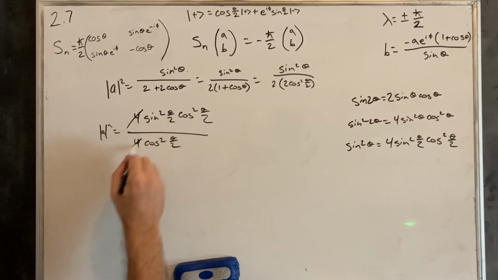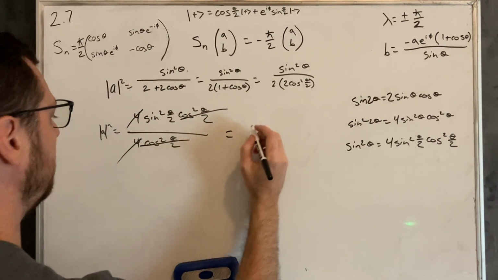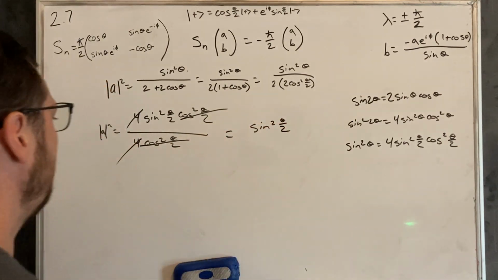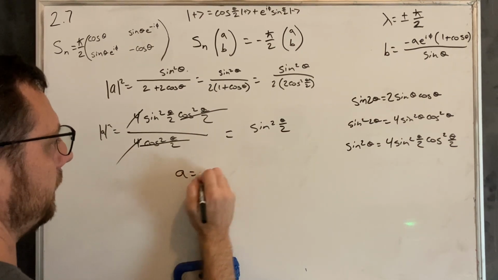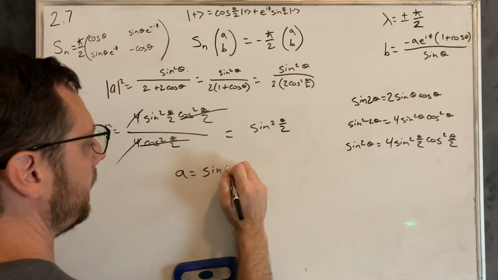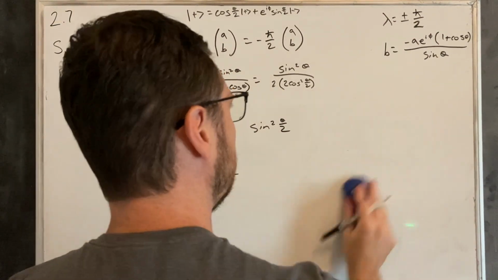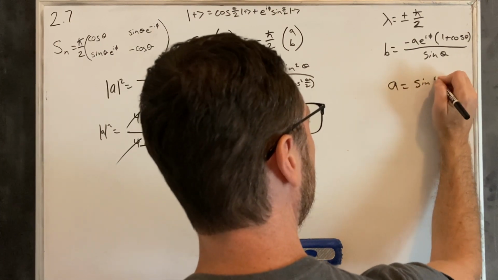We cancel out a 4, cancel out a cosine squared theta over 2, and we're left with sine squared theta over 2. Remember, this is a squared, so we take the square root of both sides, and we're left with a is equal to sine of theta over 2. I'll write that over here. A is equal to sine theta over 2.